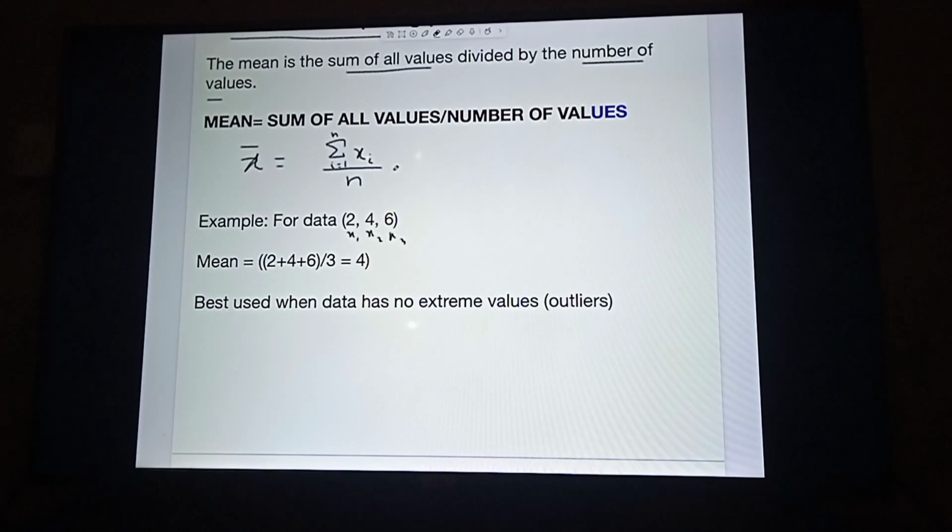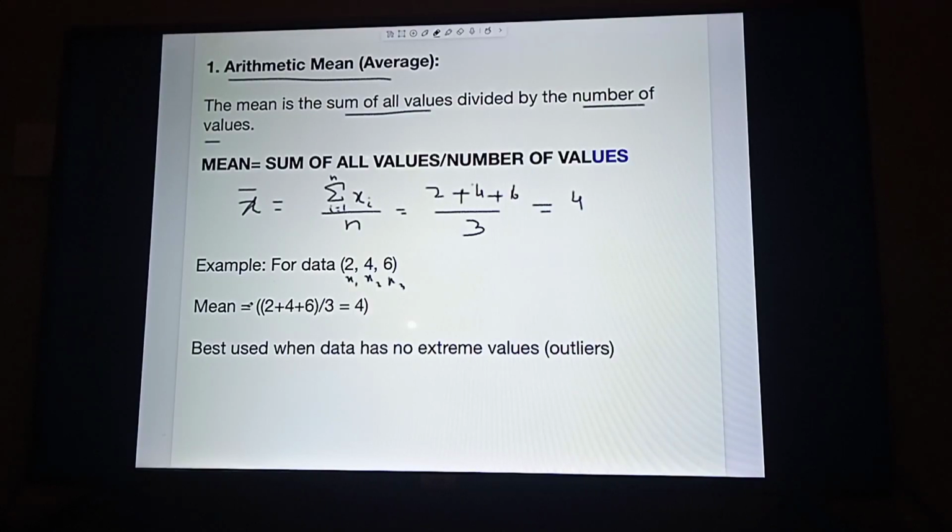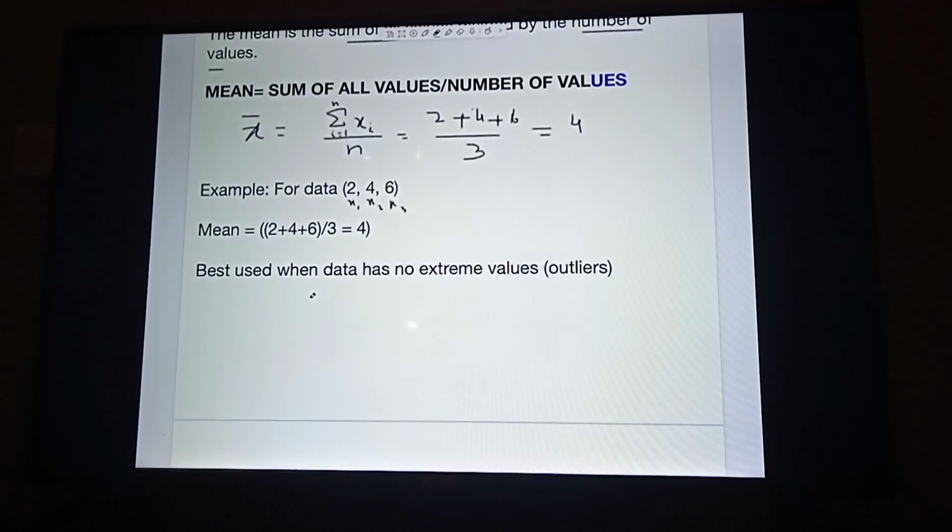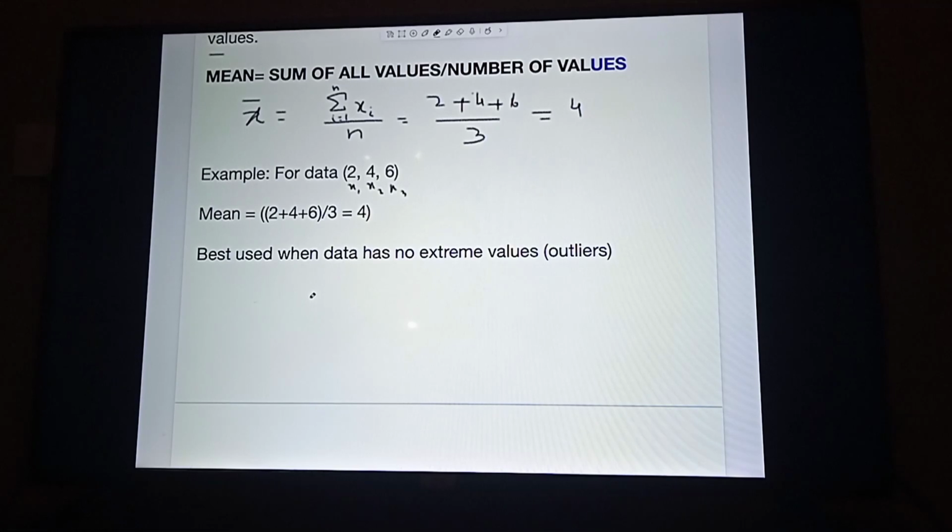Using the above formula, just add these values, that is 2 plus 4 plus 6, and then divide by 3, because there are only 3 values in this data set. When you add them all and divide by 3, you will get 4. So 4 is the central or typical value for this data set.